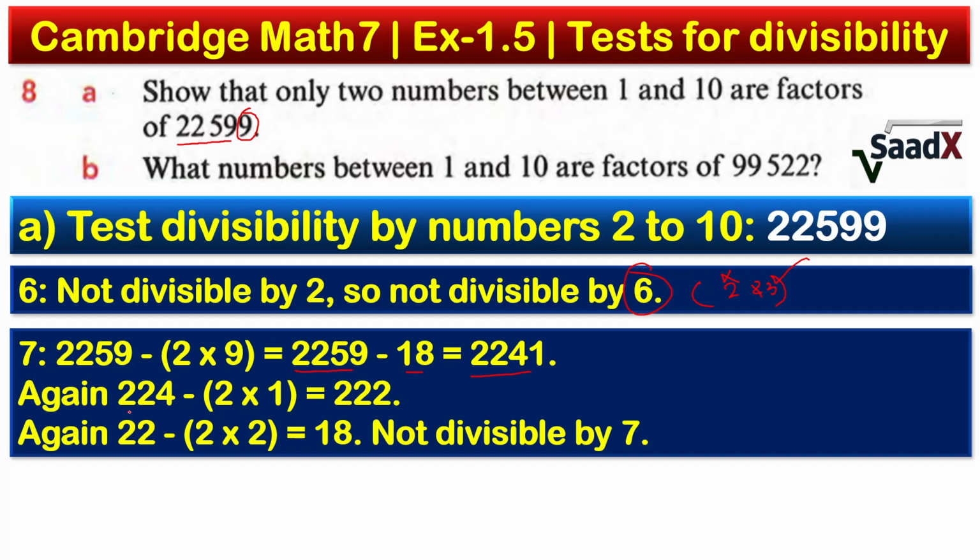Same again: 224, the last digit is 1, doubled is 2, so 224 minus 2 is 222. Again, 22 minus 2 times 2, which is 4, so 22 minus 4 is 18, but 18 is not divisible by 7. Therefore, 22,599 is not divisible by 7.